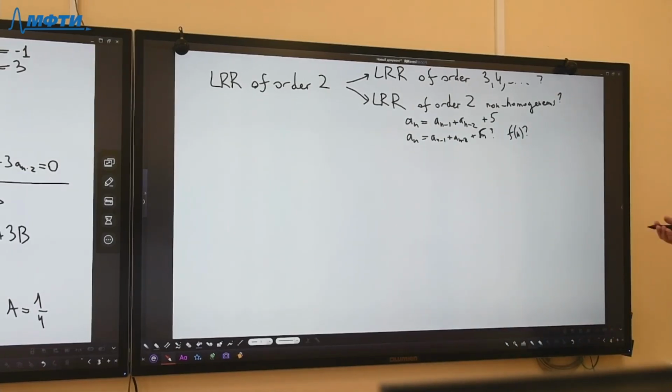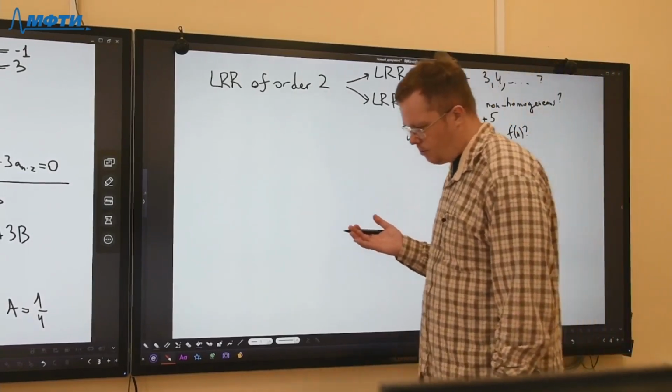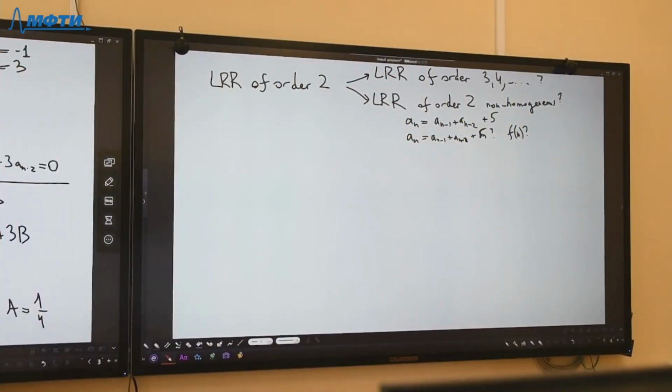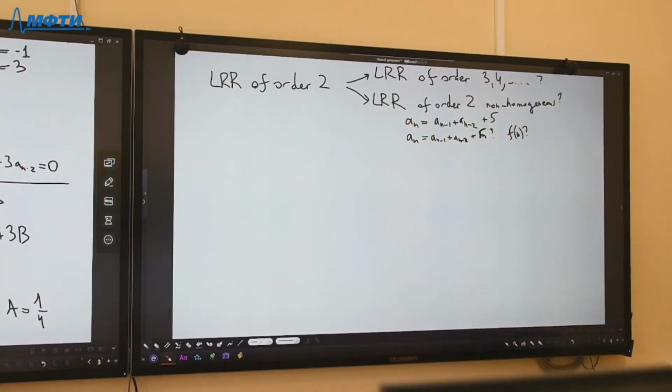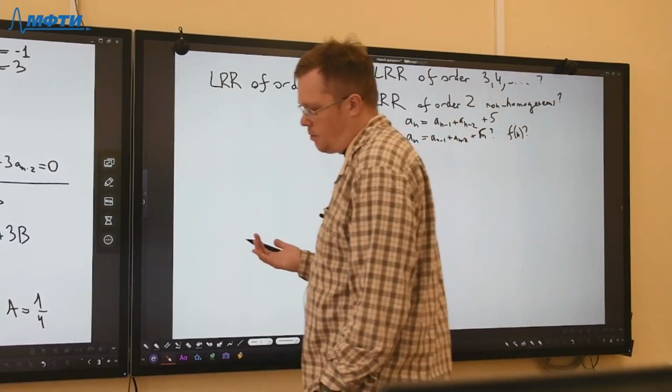And of course, maybe we don't have a linear one. So what if we have a relation, but it is not a linear recurrence of some order, but something similar to this?